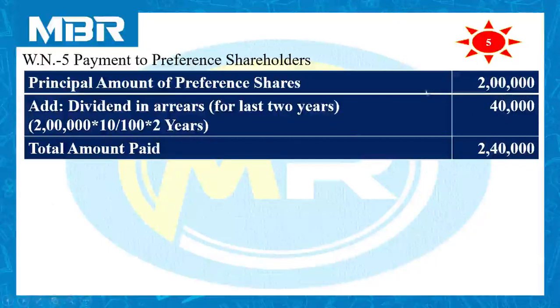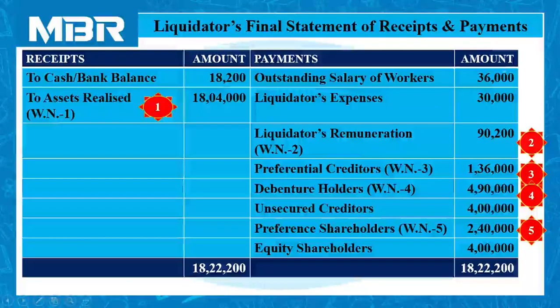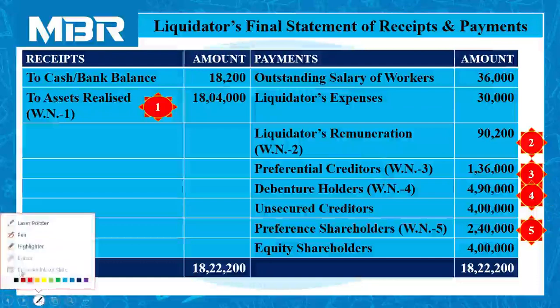Total amount paid 2 lakhs rupees for principal amount and 40,000 rupees for dividend. Total 2 lakhs 40,000.